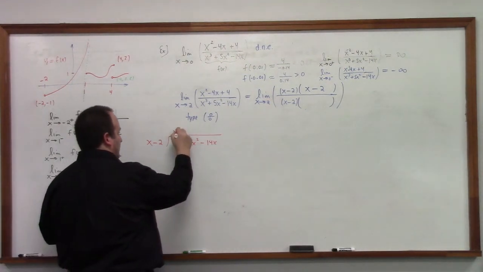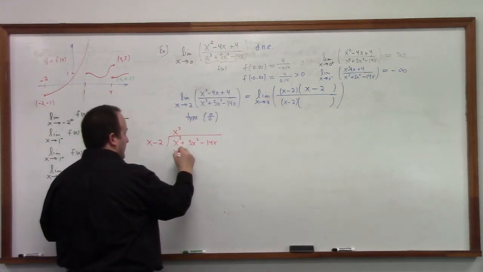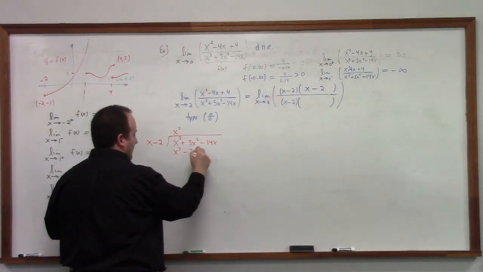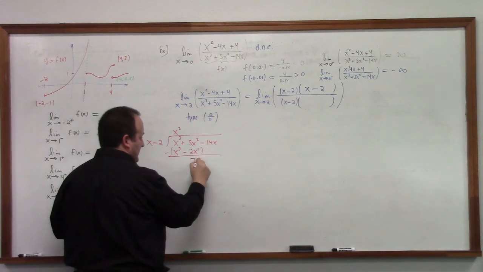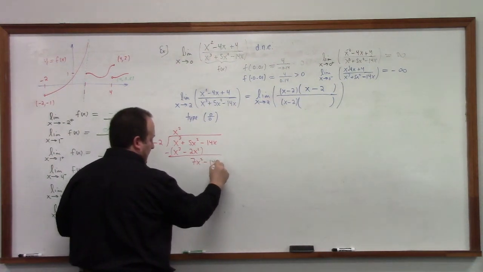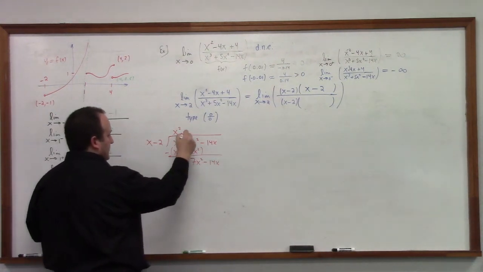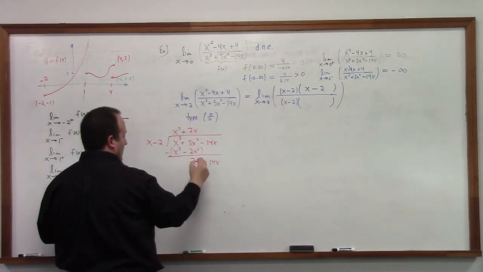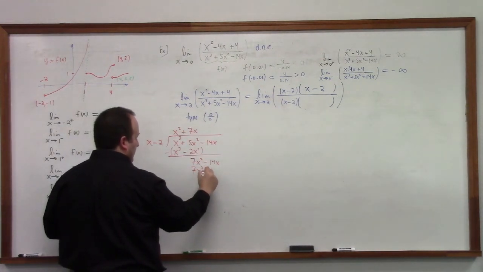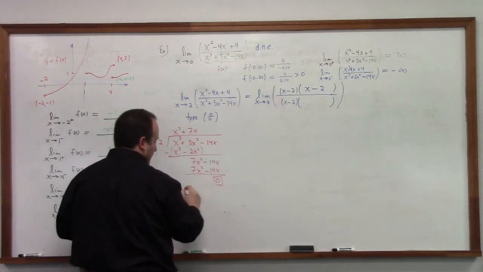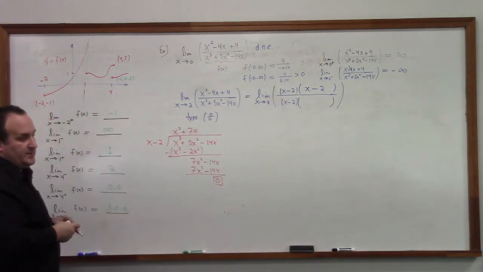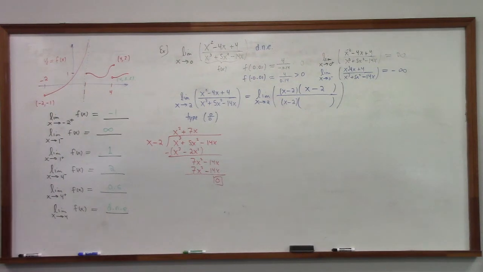That's x squared, x cubed minus 2x squared. We subtract those. We get 7x squared minus 14x. So I need to do plus 7x. That gives me 7x squared minus 14x. Remainder 0. Hooray, we're done. So what that shows me is that if I want to factor x minus 2 out, the cofactor is x squared plus 7x.